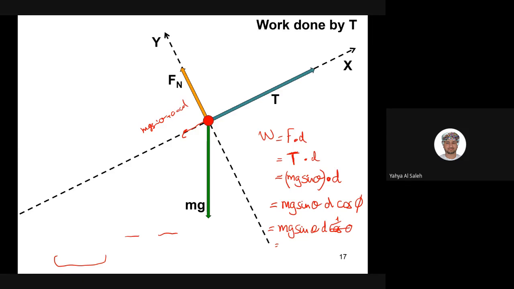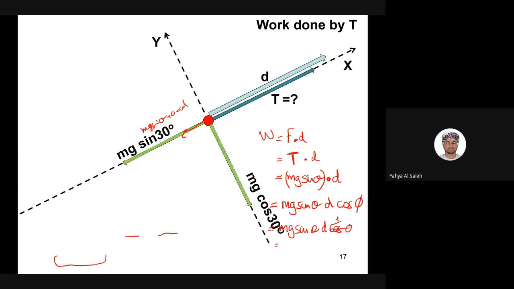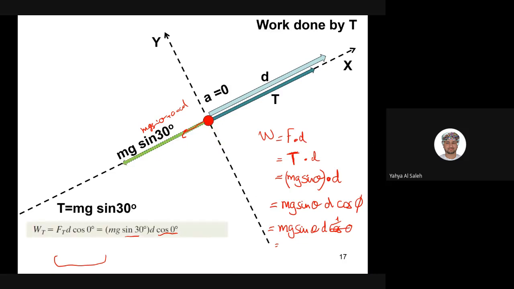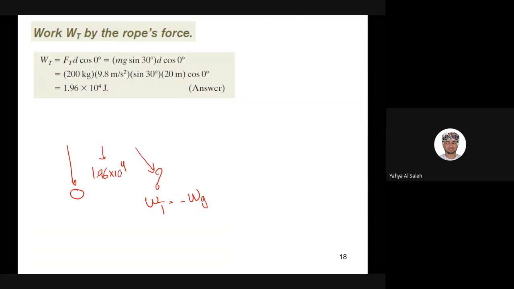So I will substitute mg sine theta for the tension, times d, and I will end up with the work being 1.96 times 10 to the power 4. Okay. What is the work done by the rope's force?